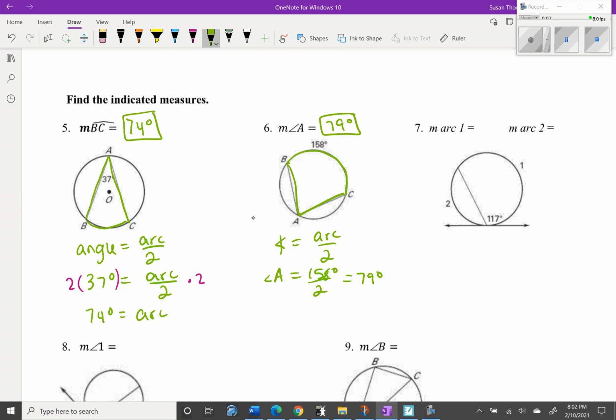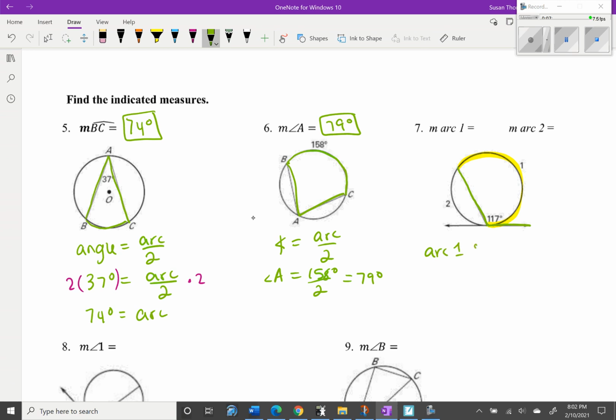Looking at the next one, we want to find the measure of arc 1 and 2, and we are given this inscribed angle is 117 degrees. So this right here would be arc 1. So arc 1 we'll look at first.